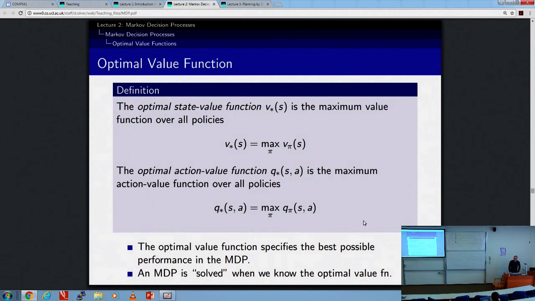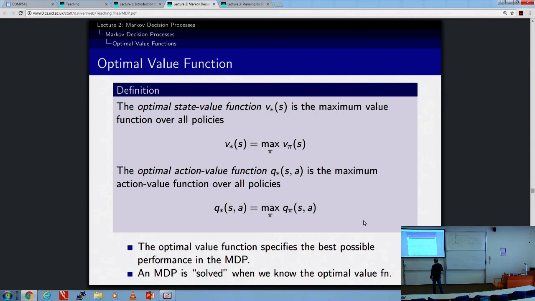Okay. So the last topic for today is, it's great if I have a random policy to evaluate what this policy is going to give me, but my main goal in reinforcement learning is to actually find the best policy. So how do I do that? We define the optimal state value function V star as the maximum over all possible policies of the V's for each state.